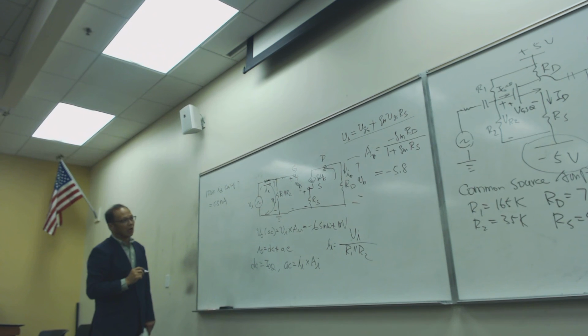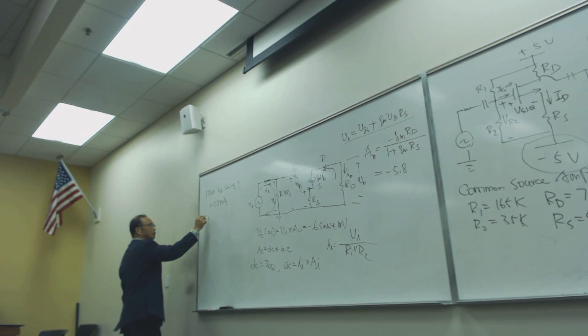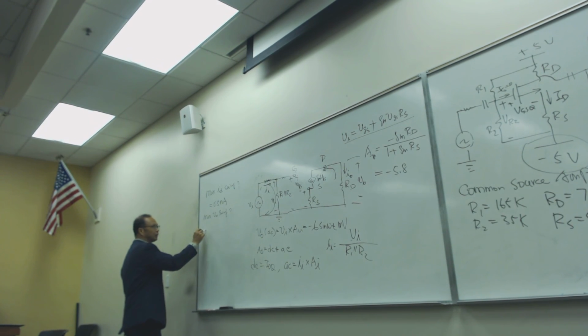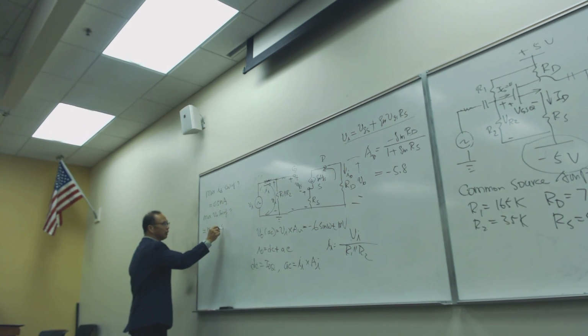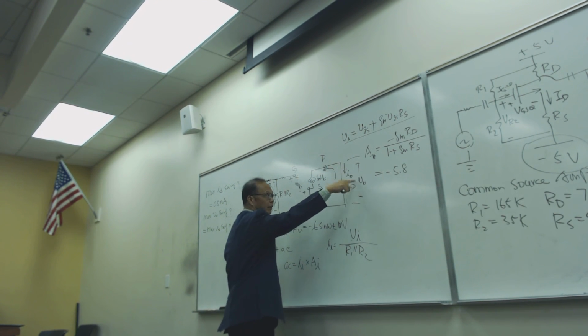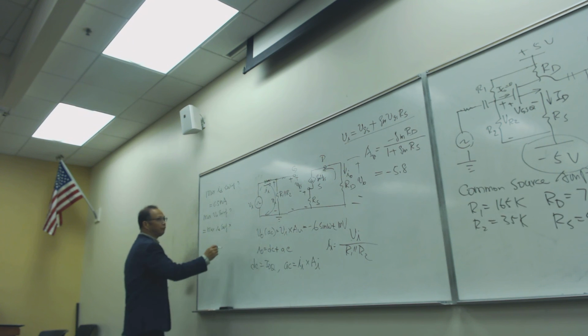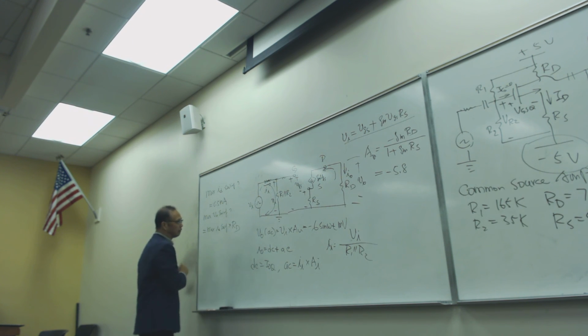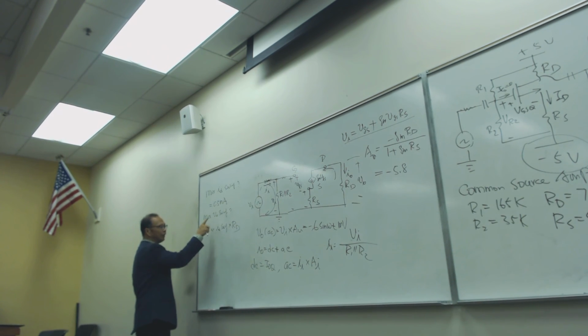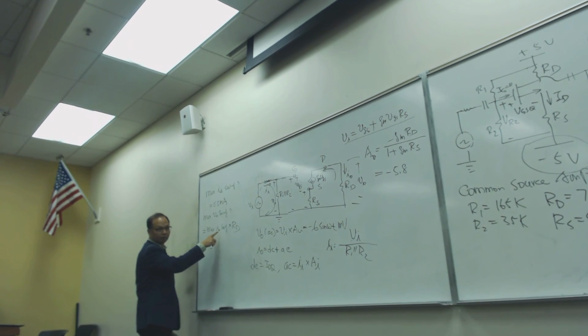Yes? Okay, then what is the maximum V slope swing? This is equal to the maximum ID swing times R sub P, because this is ID, right? If you multiply that by R sub P, that is V slope. That is the relationship between V slope and I sub P, right?